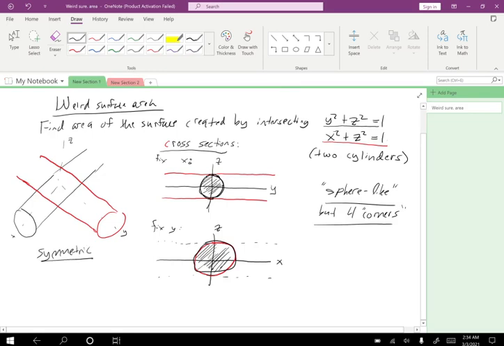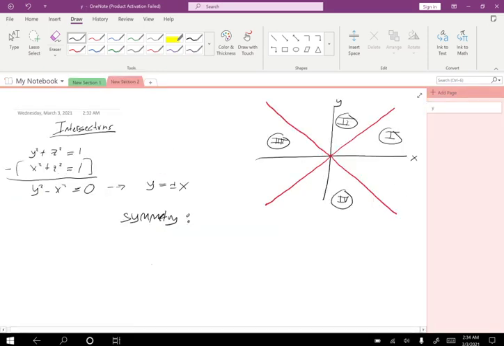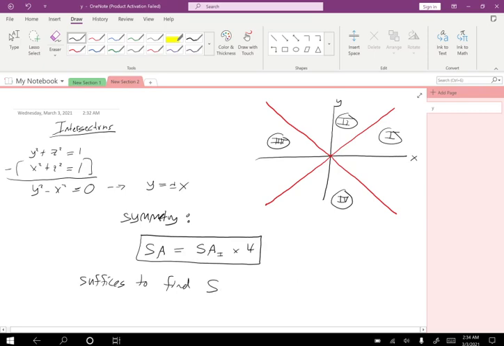So I would claim you can actually just do the surface area of region 1 times 4. So it suffices to look at the surface area in region 1.